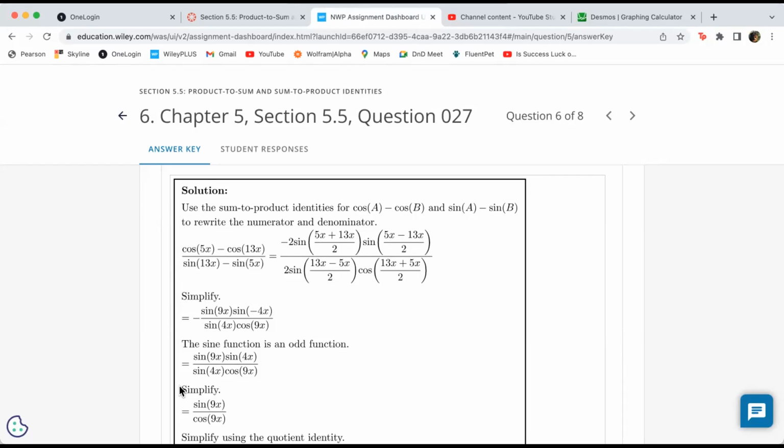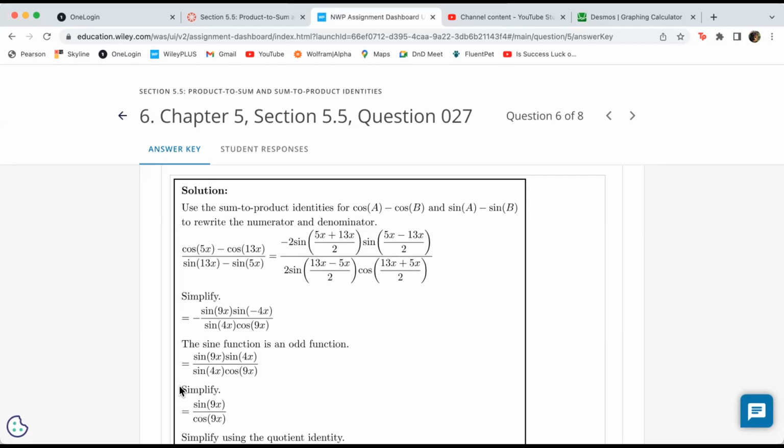So the reason we want to think of sum to product identities is that we have a sum or a difference of 2 different periods. We have 2 cosines with different periods.